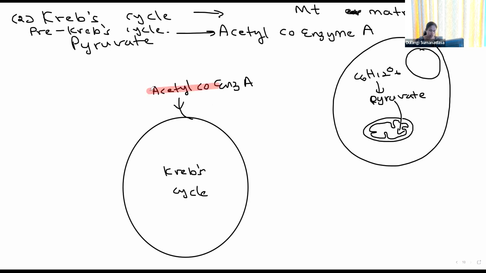Otherwise, you can just ignore acetyl CoA and say pyruvate enters into the Krebs cycle. Doesn't matter. Right? But I know some schools use the acetyl coenzyme A, so you can use it. Otherwise, just forget about the pre-Krebs cycle. Just think like pyruvate is the one that enters into the Krebs cycle. Either one is correct. Right? But this is what actually happens. So I'm going to leave it like this.